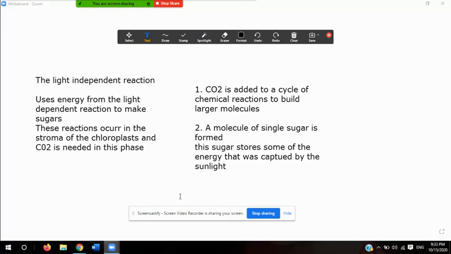So here's another way in which sunlight is indirectly beneficial to us, for the vegetables that we consume and all these things. So then, what is formed in photosynthesis?